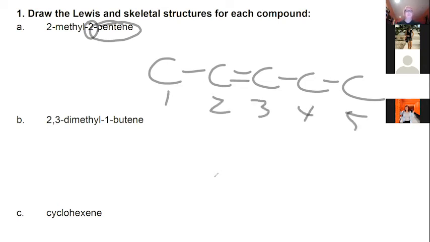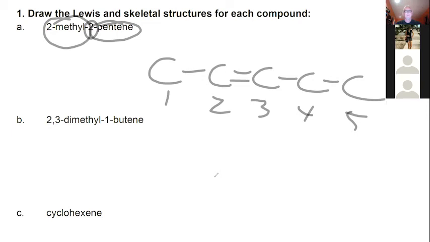And then I look for substituents. 2-methyl. What does that mean? There's a methyl group on the second carbon. Right. And what's a methyl group? It has a CH3. CH3, right. And then you're done.